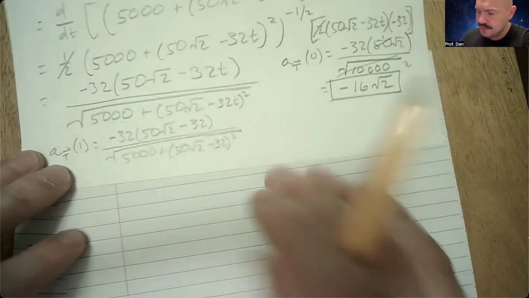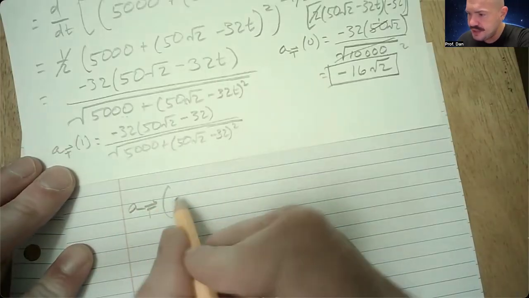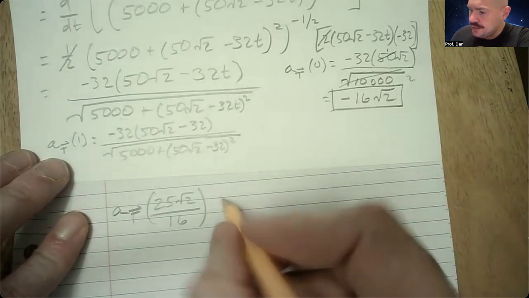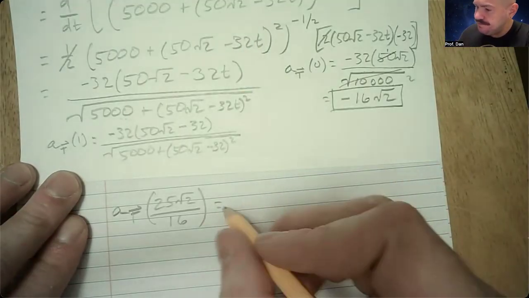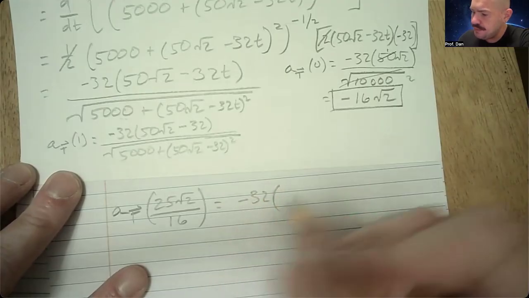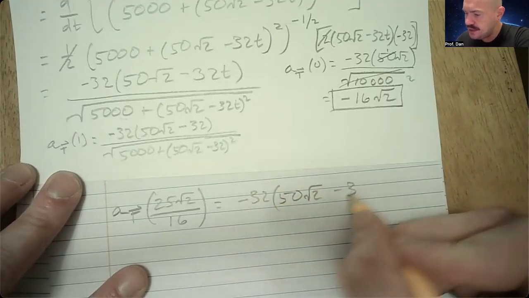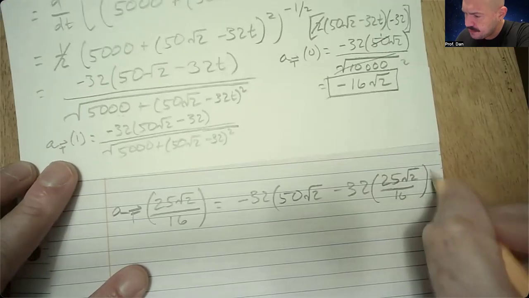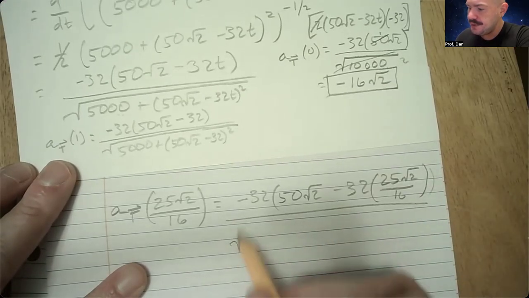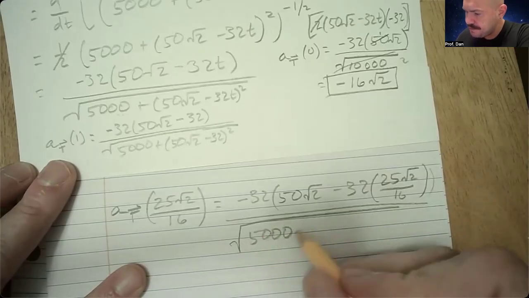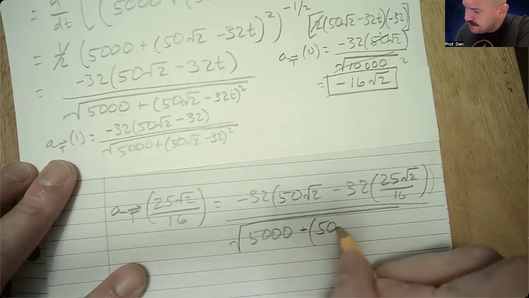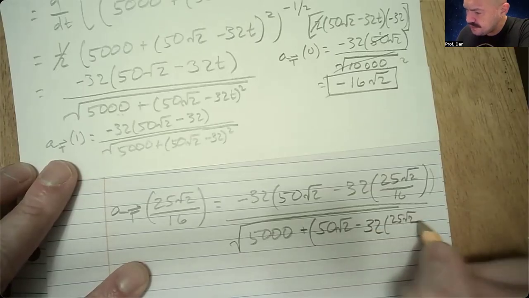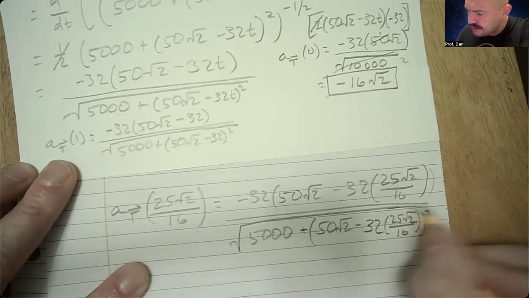So my tangential acceleration when t is equal to 25 root 2 over 16, we would get negative 32 times (50 root 2 minus 32 times all this nonsense) divided by the square root of 5,000 plus (50 square root 2 minus 32 times all this nonsense), and then that's squared.